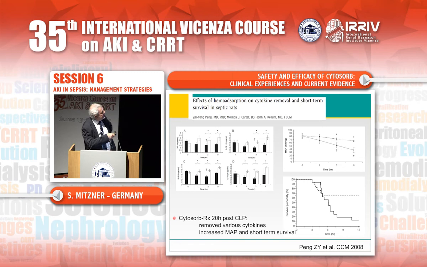They already could foresee this impact on hemodynamics with a more stable mean arterial pressure, and then most impressively, in the very short-term follow-up, there was this impressive difference in survival in rats, so you can save animals.